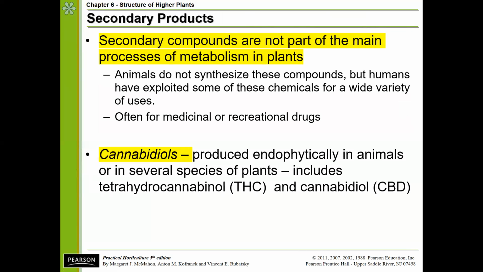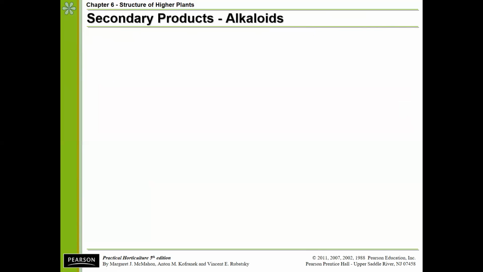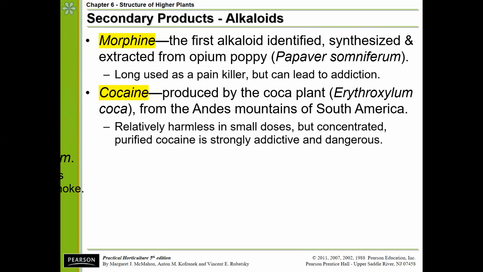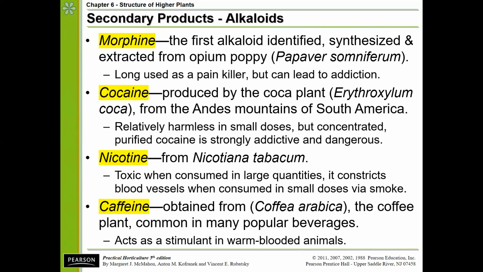Just real quick, looking at the secondary compounds that are not part of the main processes of the metabolism in plants, but are often used by humans for several different means, often for medicines or in some cases for recreational drugs, such as the cannabinoids, things like morphine, cocaine, nicotine, and caffeine.